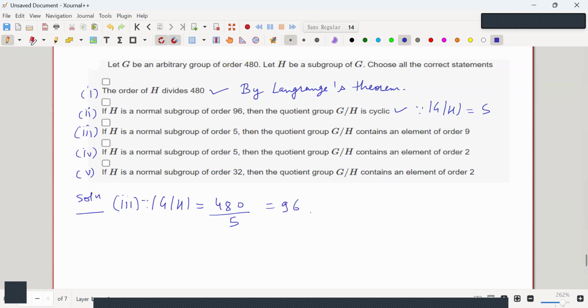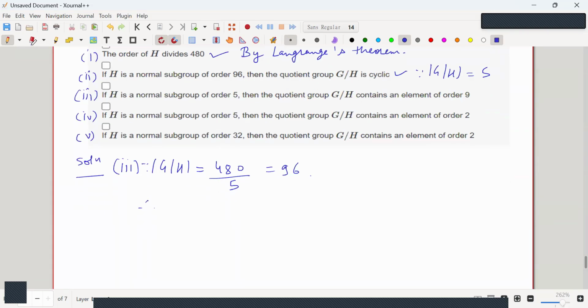They have given again a very easy conclusion. 9 does not divide 96. The same thing is following here also. So nothing new. This implies there does not exist an element of order 9.